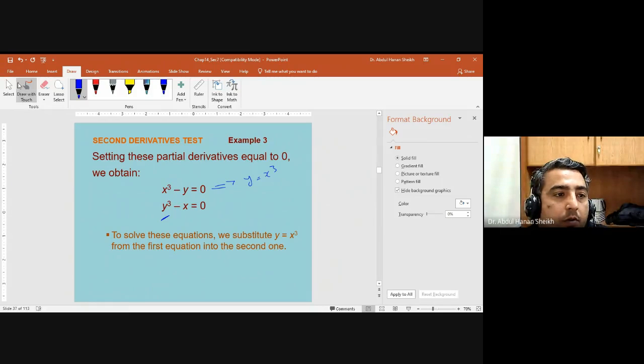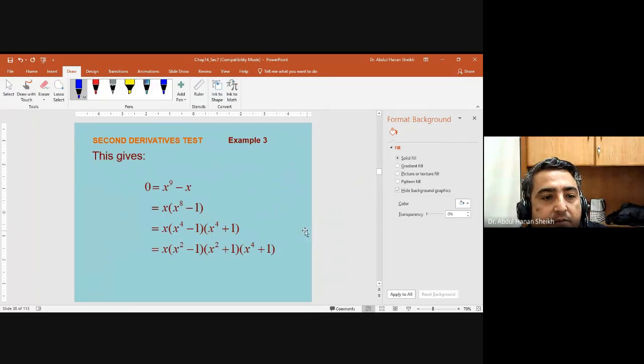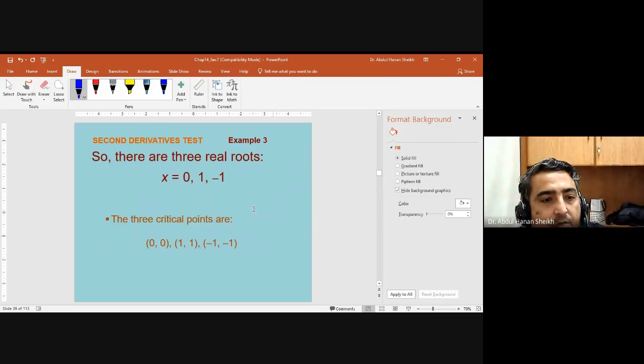Plugging in y equal to x cubed, we get x cubed whole cubed minus x equal to 0, so x to the 9 minus x equal to 0, and then x(x to the 8 minus 1) equal to 0.